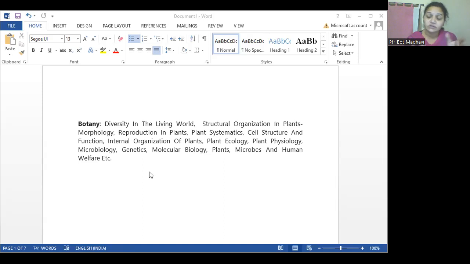You can score more marks in Botany itself, and Botany and Zoology can compensate for everything. This is the easiest and most expected chapter, and we can always choose the correct answers.